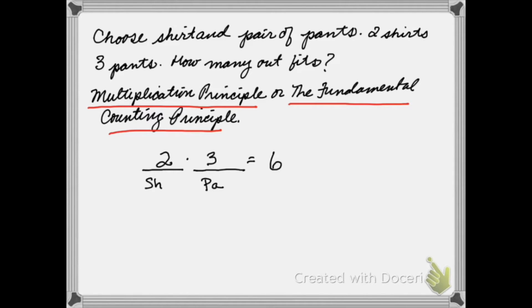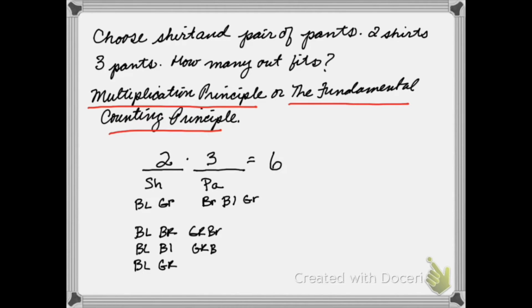If I said my shirts are blue and green and my pants are brown, black, and green, then the way that would be listed out is: blue shirt, brown pants; blue shirt, black pants; blue shirt, green pants; and then I could have green shirt, brown pants; green shirt, black pants; and green shirt, green pants.